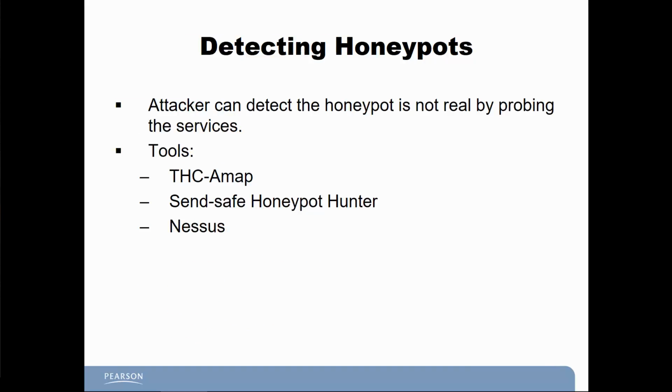So how do we detect honeypots? We could use things like Nessus. Nessus is a huge item. Normally, attackers can detect that the honeypot is not real by probing the services, by looking at their load, and by looking at the traffic.